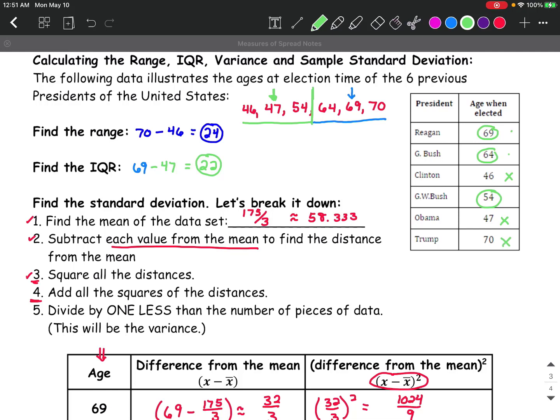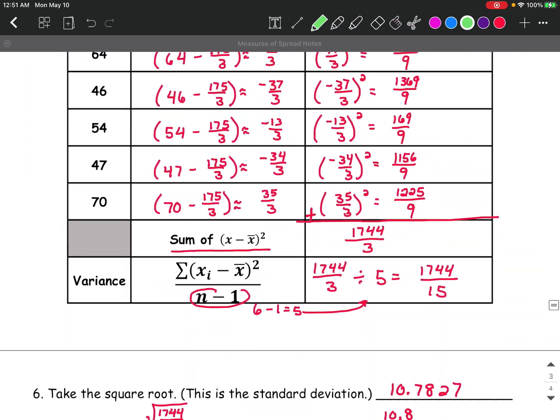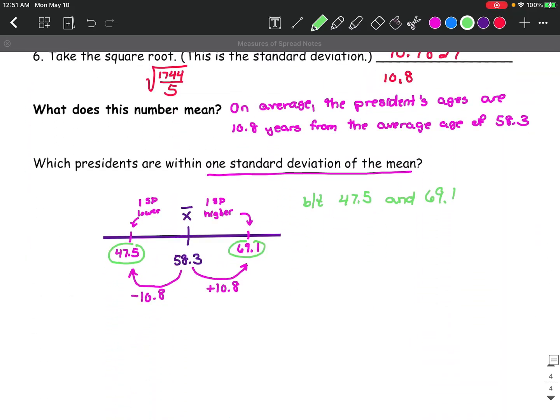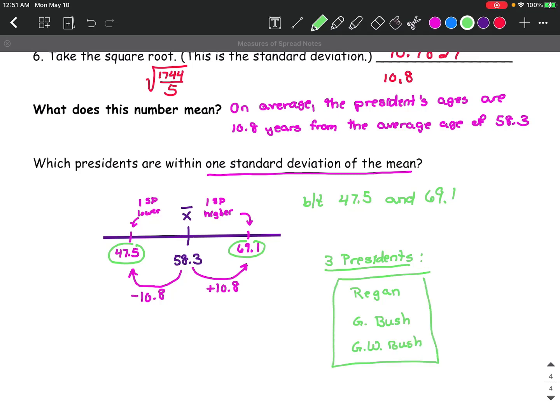So we have 1, 2, 3 presidents: Reagan, George Bush, and G.W. Bush. So our answer, we have 3 presidents, and they wanted to know which presidents, so we have to name them. They are Reagan, George Bush, and G.W. Bush.